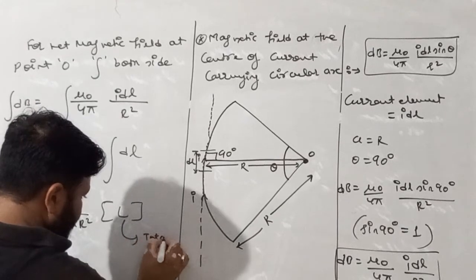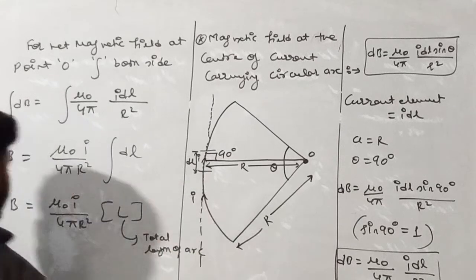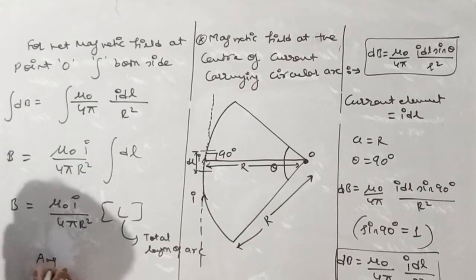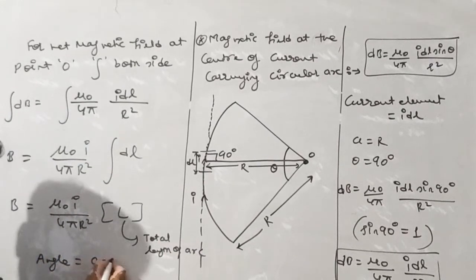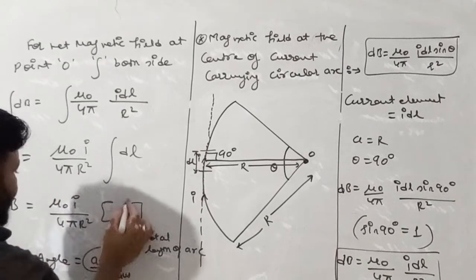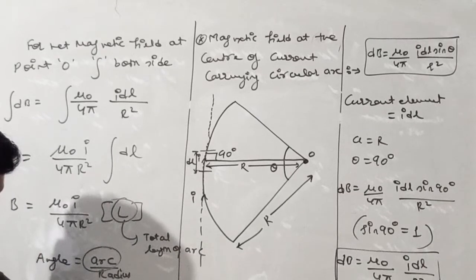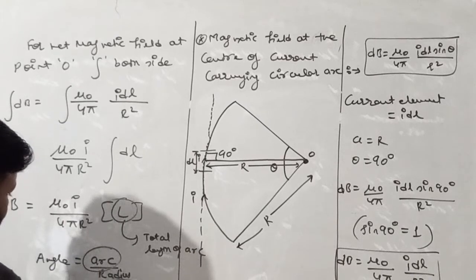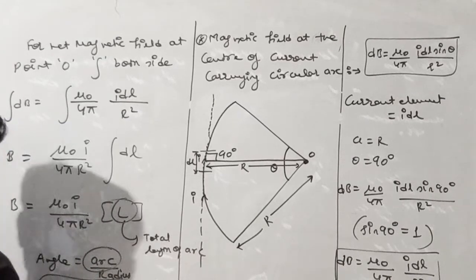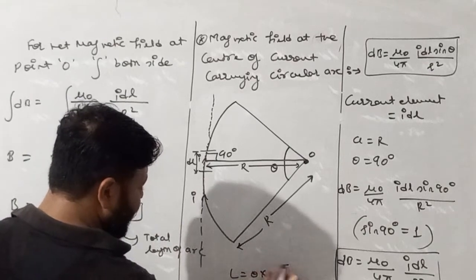the total length of the arc. Now we are all aware of the formula, angle is equal to arc by radius. So see my dear students, arc is equal to L. So L can be written as angle into radius. The angle subtended by this arc is theta. So theta into r.